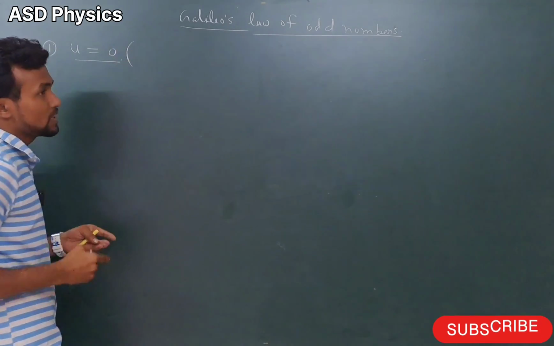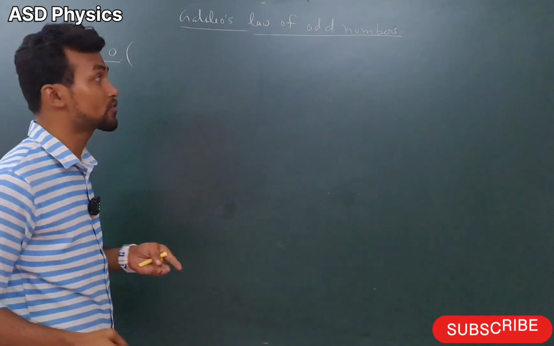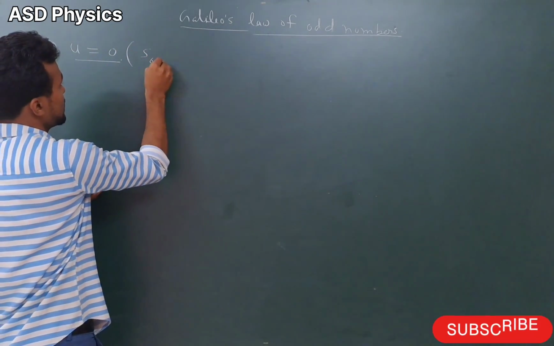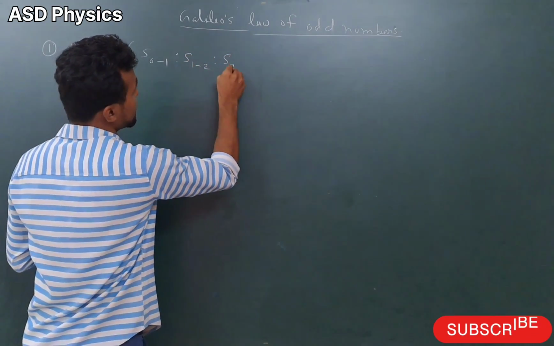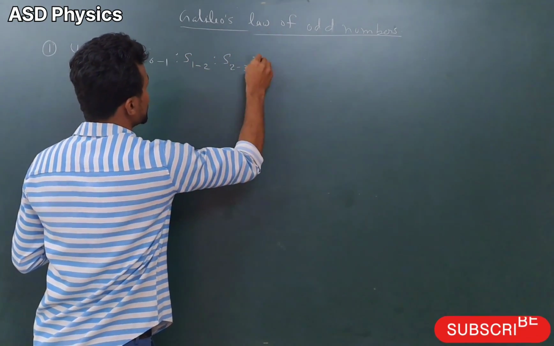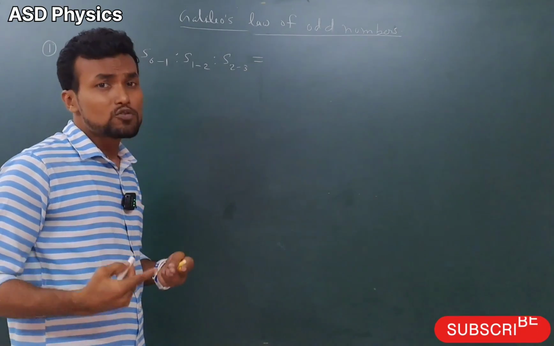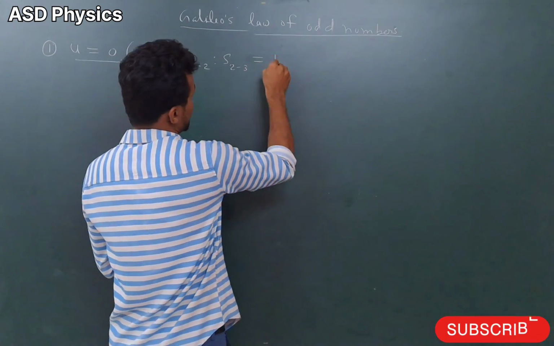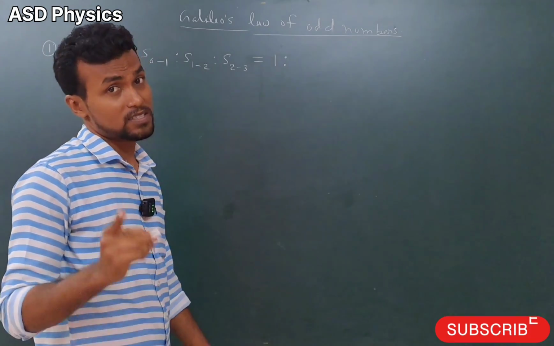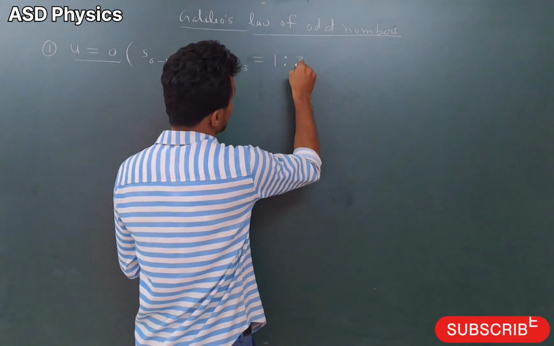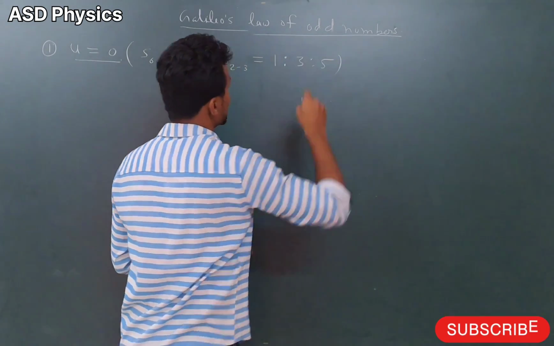In equal intervals of time, like 0 to 1, 1 to 2, or 2 to 3, the distances will be proportional to the successive odd numbers, like 1 is to 3 is to 5.